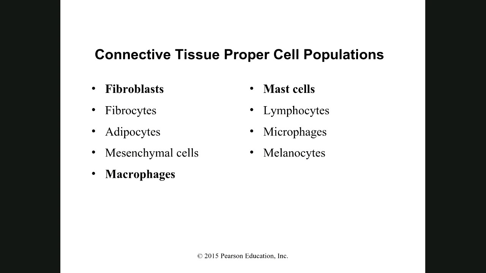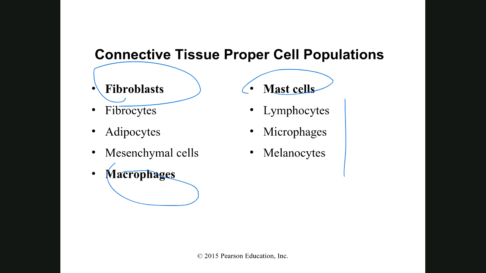Other cells that you see, the three important ones are fibroblasts, macrophage, and mast cells. Don't worry too much about that. These cells are small, like neutrophil. In the skin, you might see melanocyte. Lymphocyte you often find in the blood. Adipocyte is fat.